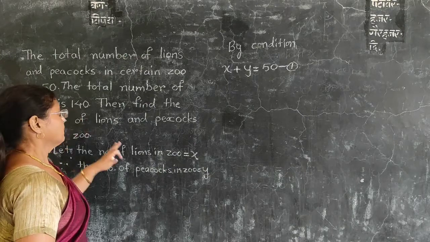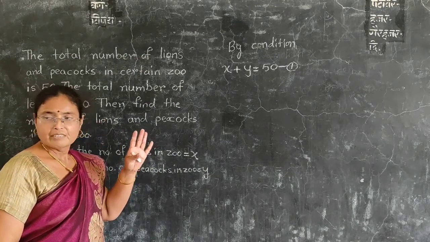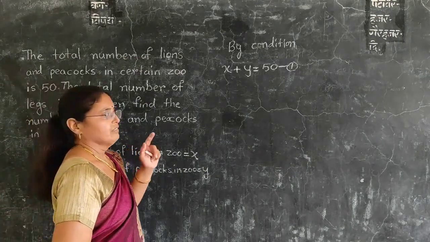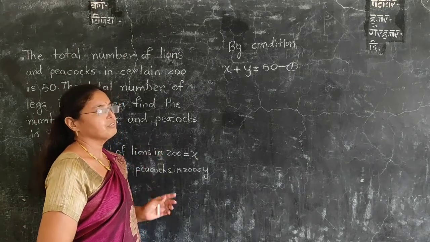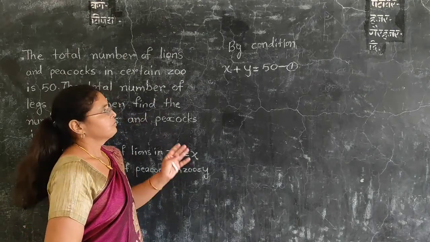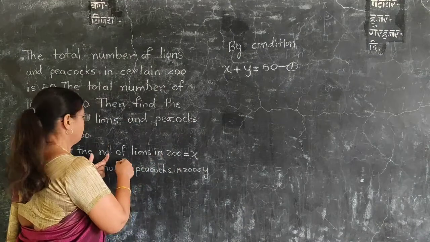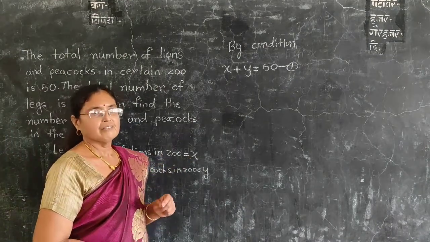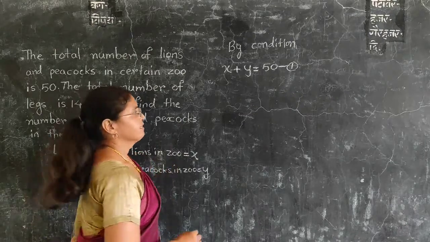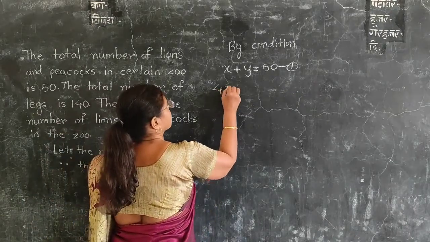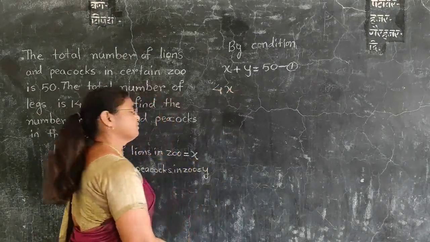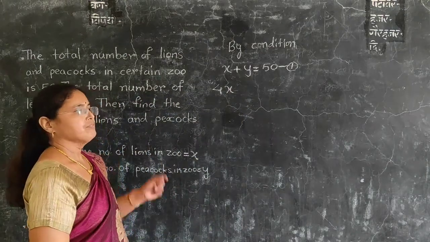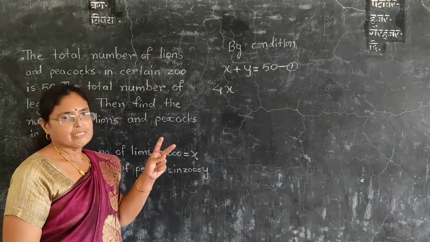We know that a lion has 4 legs. That means for every lion we have to count 4 legs. There are x lions, so the number of legs will be 4 into x, that means 4x. And a peacock has only 2 legs, so with every peacock 2 legs are added.